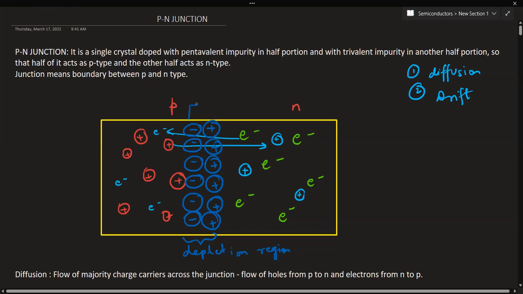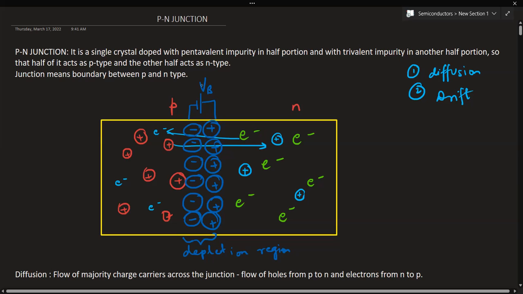This acts as a barrier, and this potential is called the barrier potential.